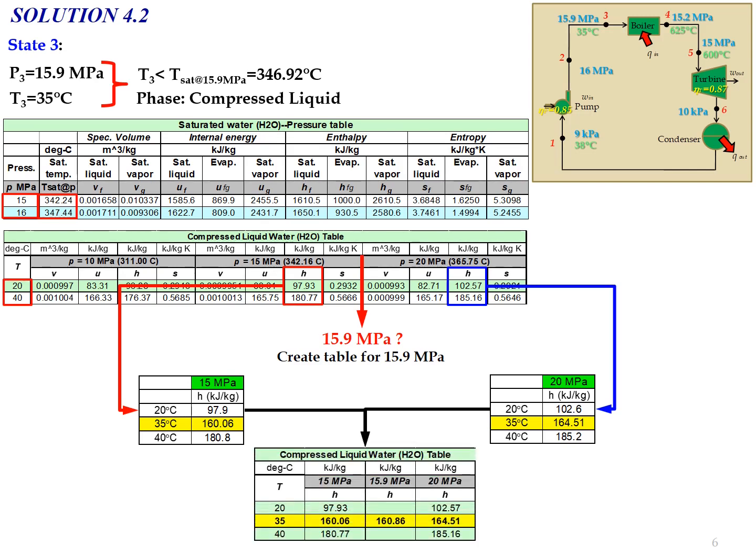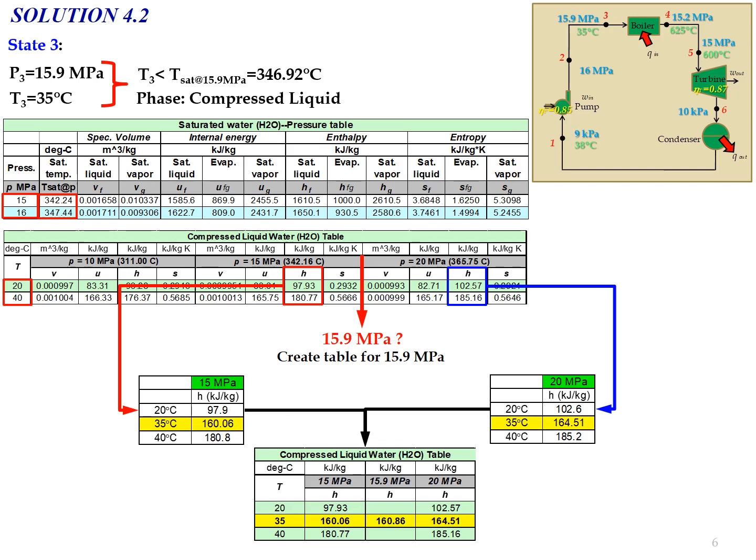So we rearrange the data into one table for temperature and pressure. From this table we can interpolate between the pressure values and the enthalpy values at 35 degrees Celsius.